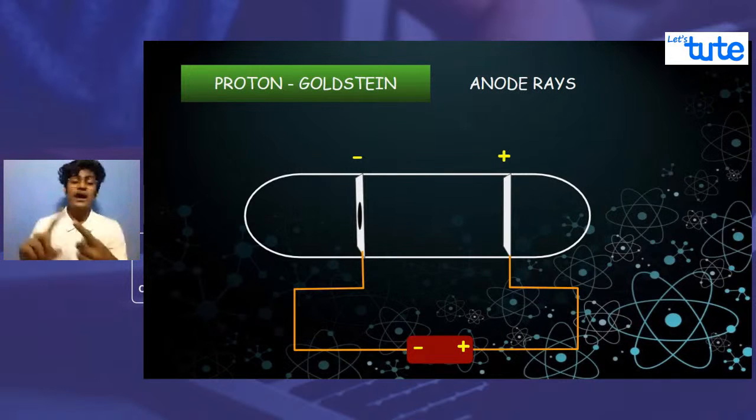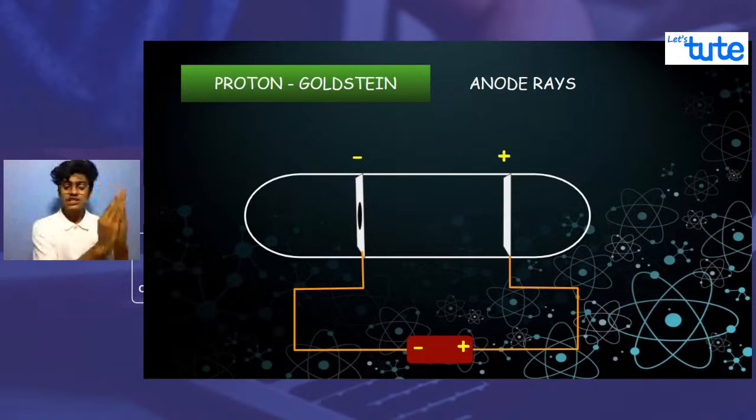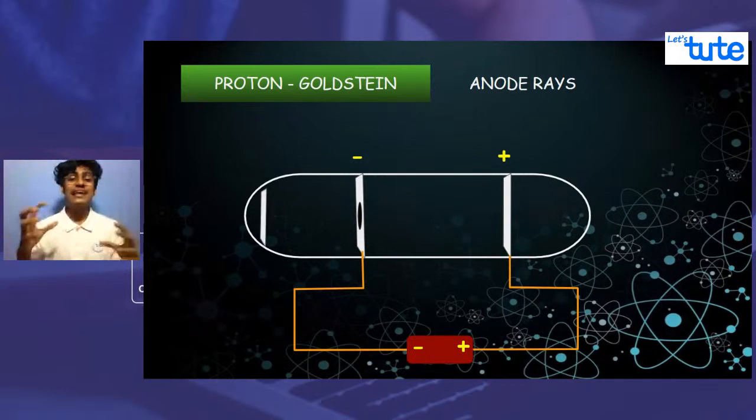Let's try to understand this whole experiment. Goldstein had two metal sheets, and the cathode had a hole in it. When the high voltage was on, we know that rays pass from the negative cathode to the positive anode.